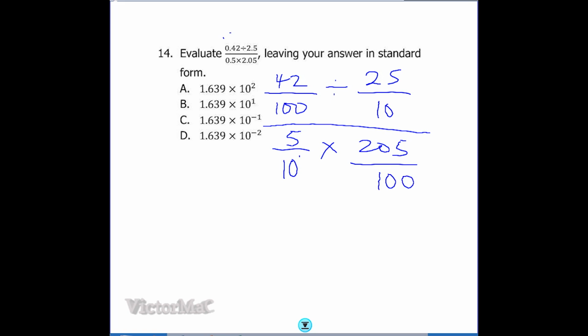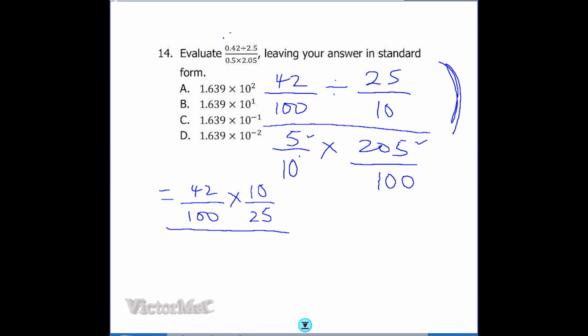Now, when we change the division to times for the original numerator, we're going to have a switch. 10 moves up, 25 comes down. All right. And then when we multiply 5 with 205, we're going to have 1025. 10 times 100, we're going to have 1000.